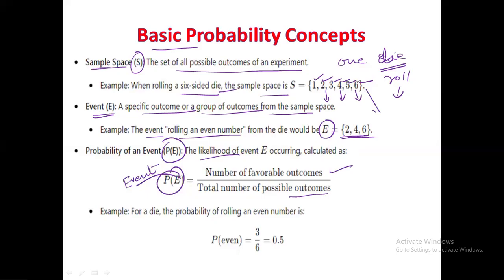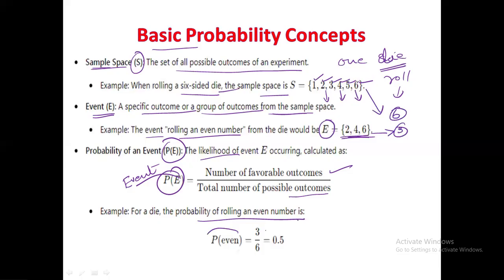How many total possible outcomes are there? 6. If you roll a die, you get 6 numbers, and the favorable ones are 3, for rolling an even number. So the probability of rolling an even number is 3 divided by 6.